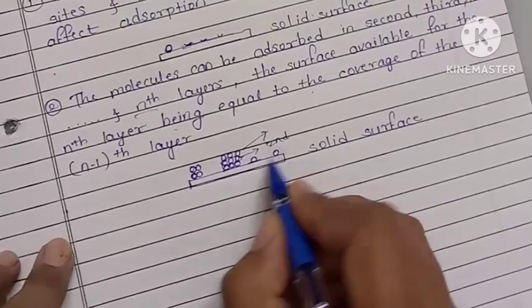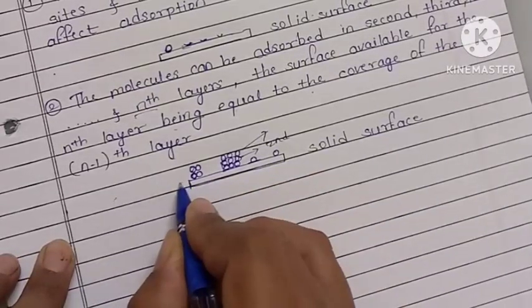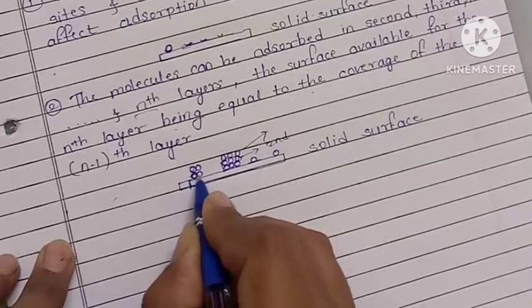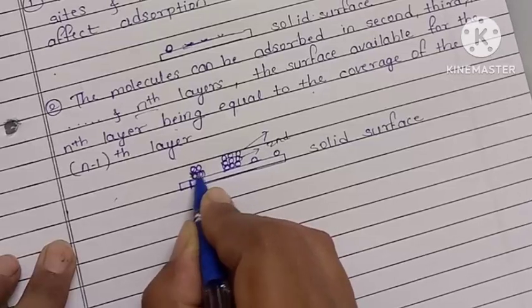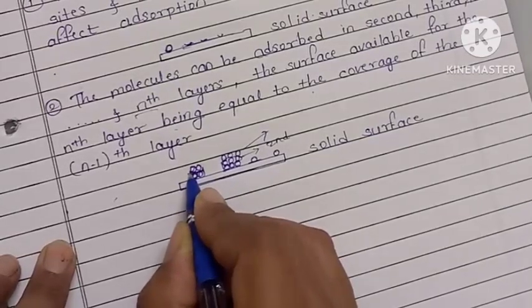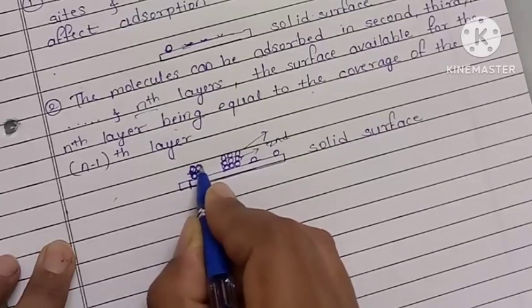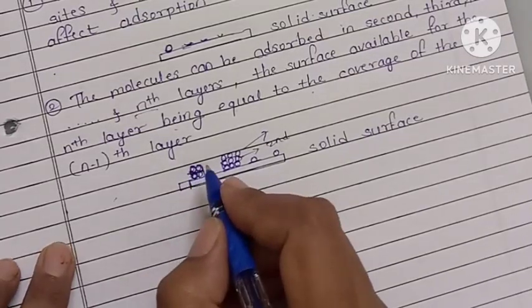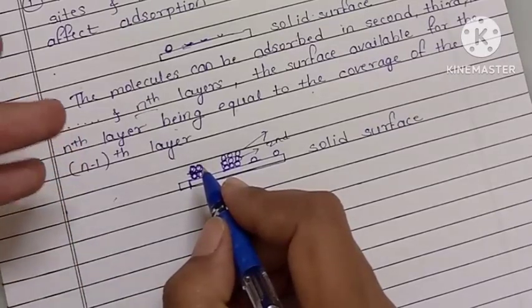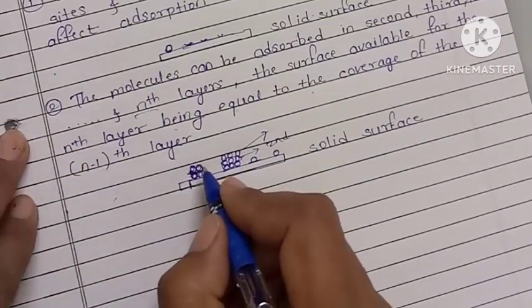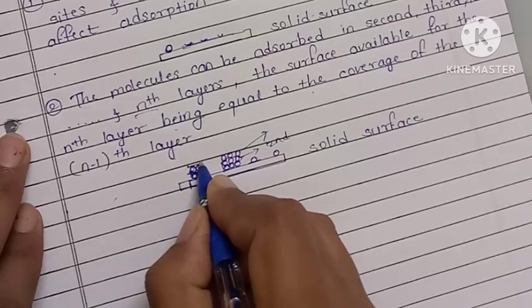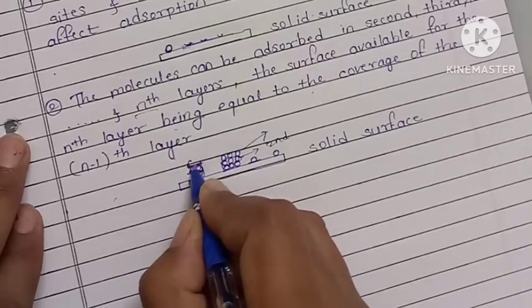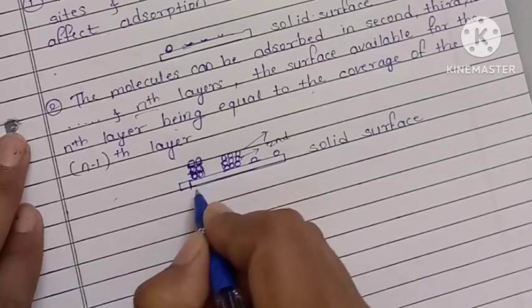For example, this is the first layer. On the first layer, this much surface is available, and on this surface the second layer is formed. If you want to adsorb other molecules, then this surface is available for the third layer, so the third layer is formed.